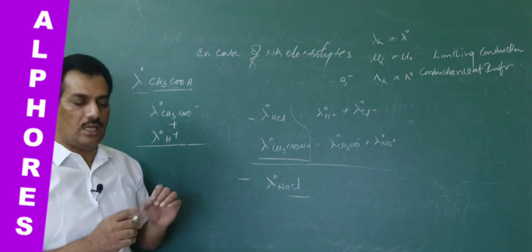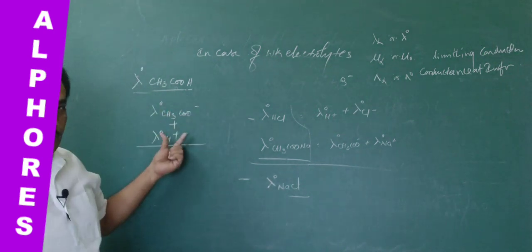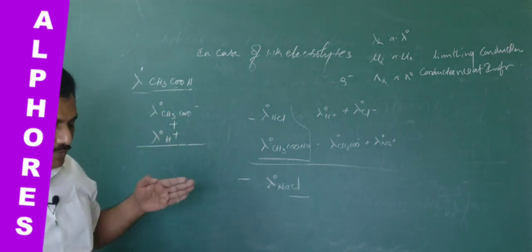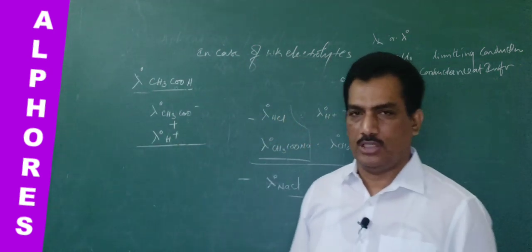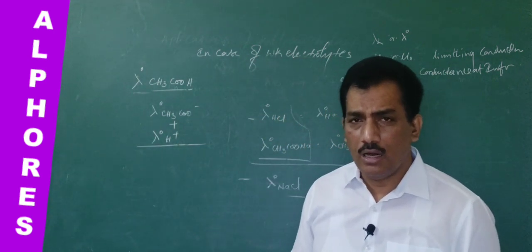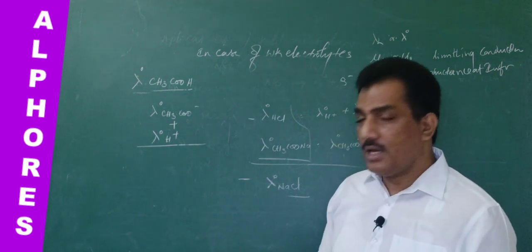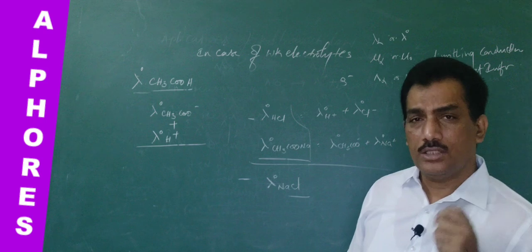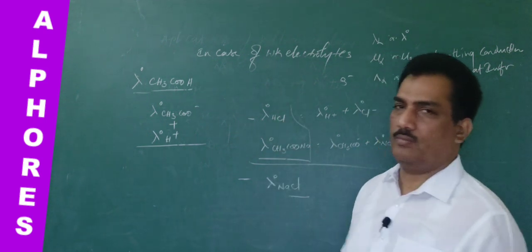Again, I am repeating: the individual ions present in an electrolyte have a fixed conductance at infinite dilution at a given temperature. Are you clear? And that conductance of the ions does not depend on the nature or the strength of the parent electrolytes from which they arrive.